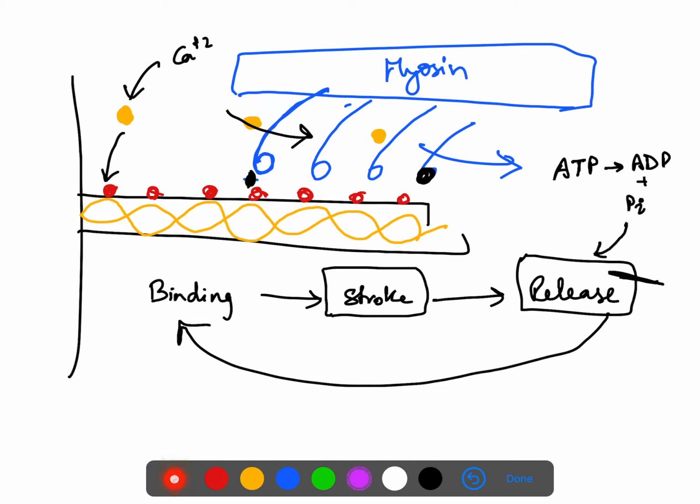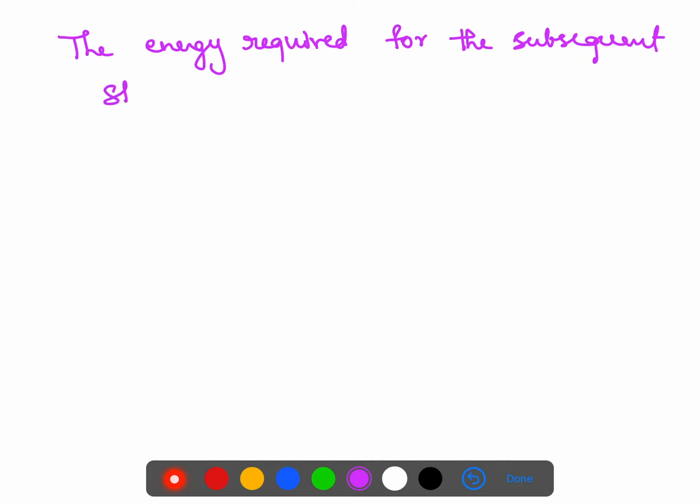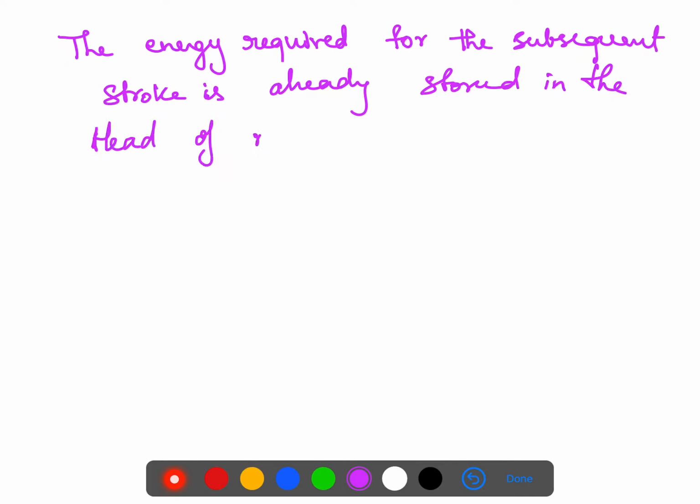You have to remember this one very good thing: the energy required for the subsequent stroke is already stored in the head of myosin, so it doesn't need to cleave anymore.